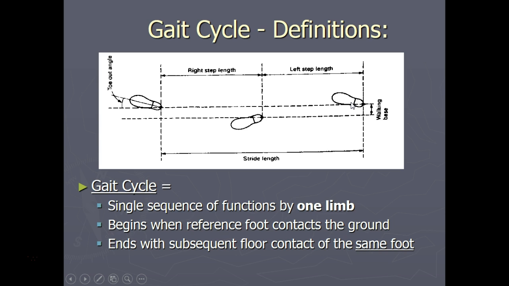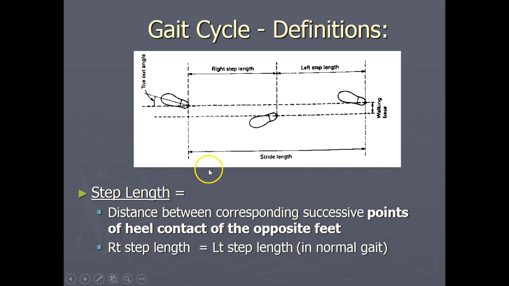So one gait cycle would be this starting point all the way to this ending point of the same foot, right? So right would have to touch down, or it could be left, and then follow that through. It would be left all over again. So when we define gait cycle, it begins when one foot touches the ground and that same foot touches the ground again.